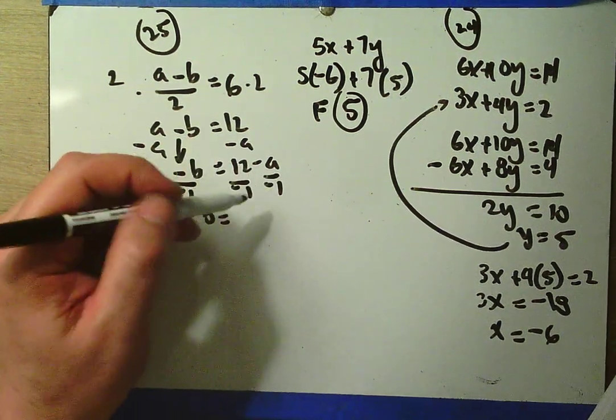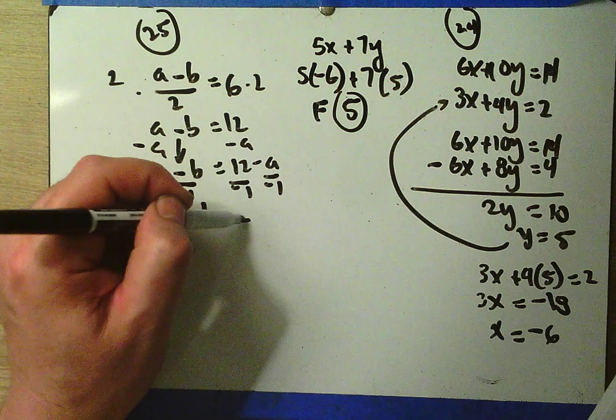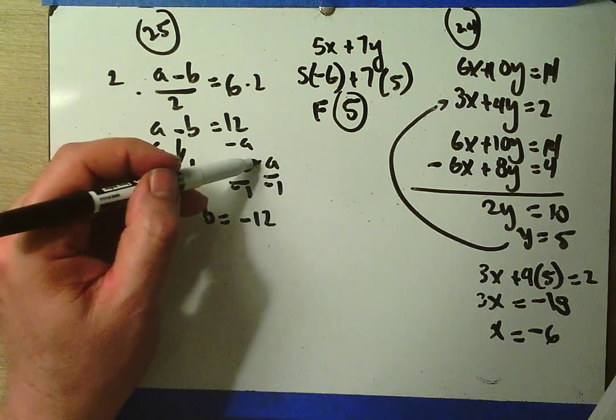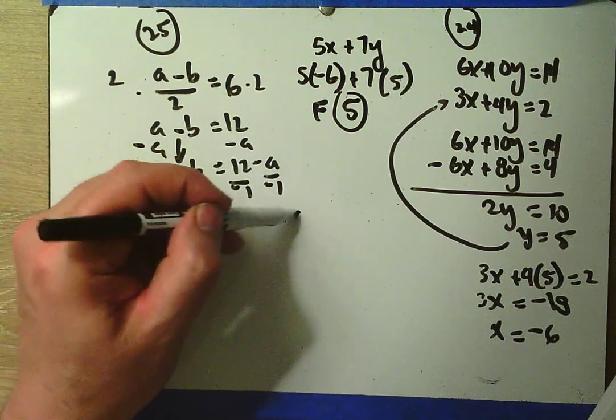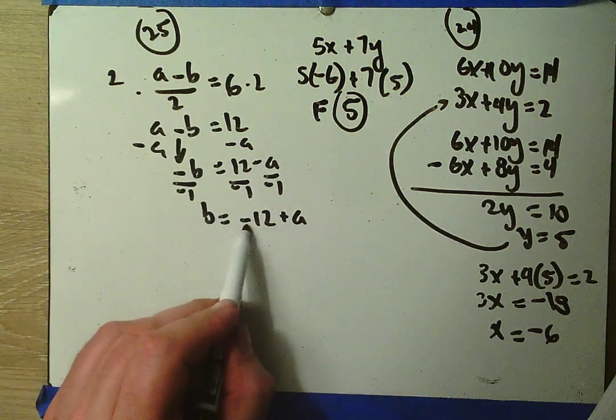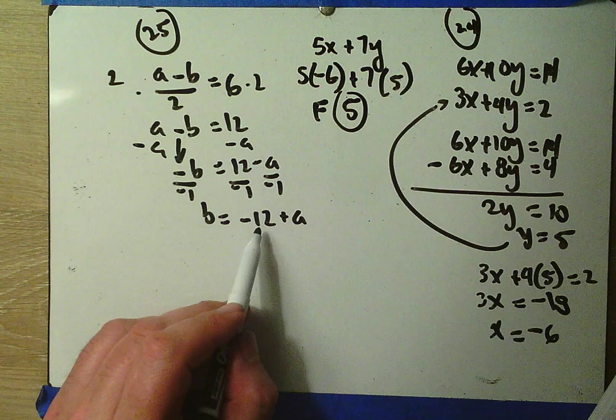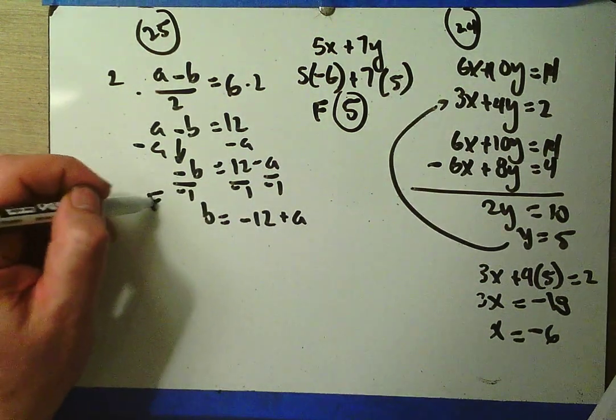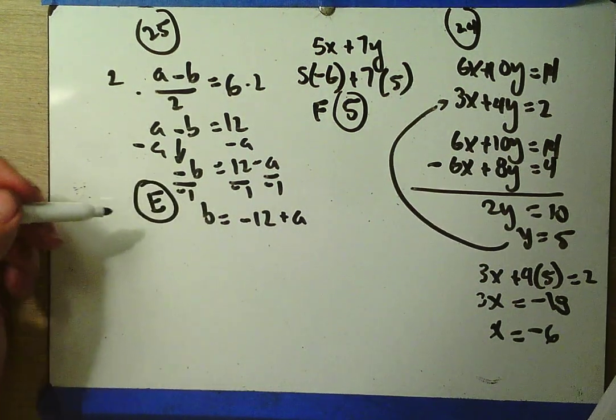I get b equals positive divided by negative is negative 12, and negative divided by negative is positive a. So I've got a minus 12, and a minus 12 is choice E. E for number 25.